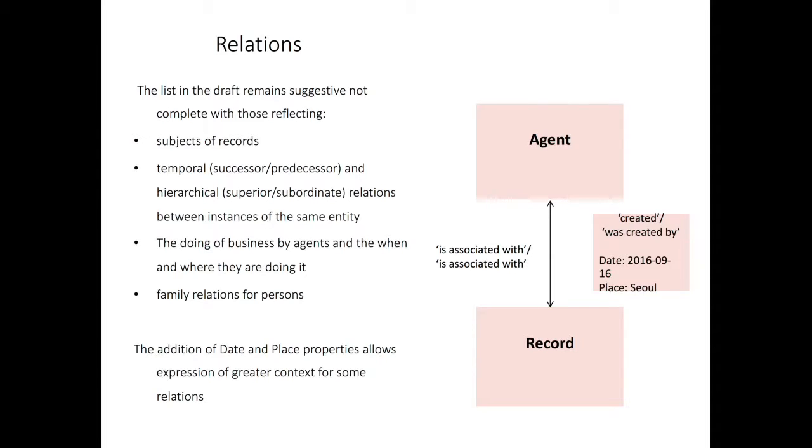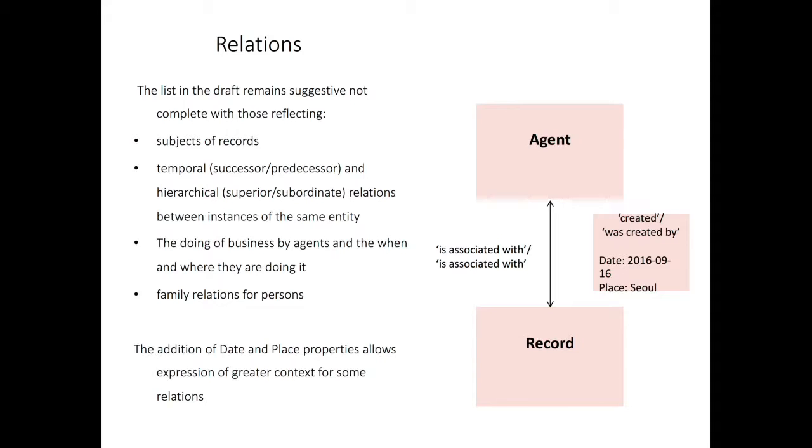One last but important thing to note is that, in order to provide for the expression of greater context than simple binary relations allow, for example, to say when and where a record was created, the model allows some relations to have date and place properties, as I've represented on the diagram. So, for the last time, we have an agent and we have a record, and on some occasions all we might know is that there's some association between them, and we're very unclear what that association is.